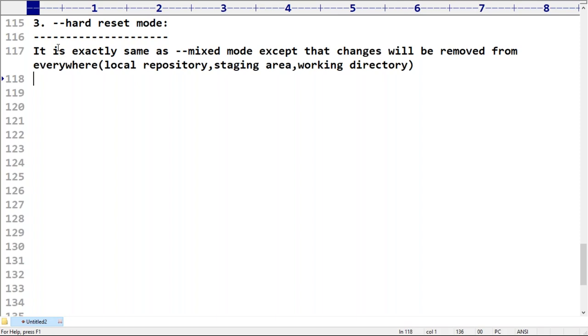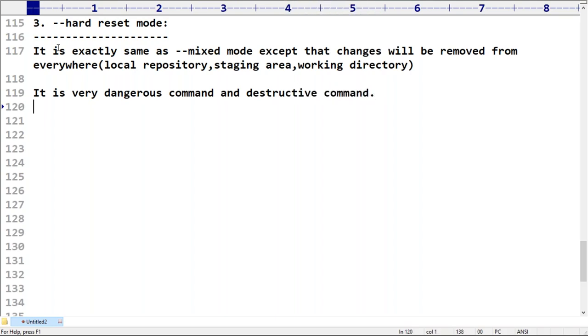Everywhere changes will be permanently deleted. It is a very dangerous command and a destructive command.